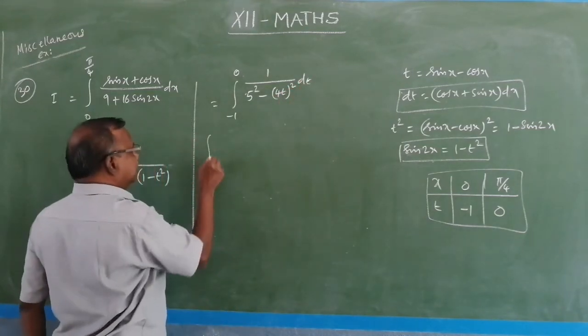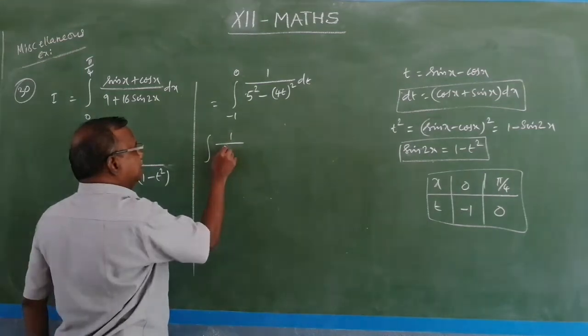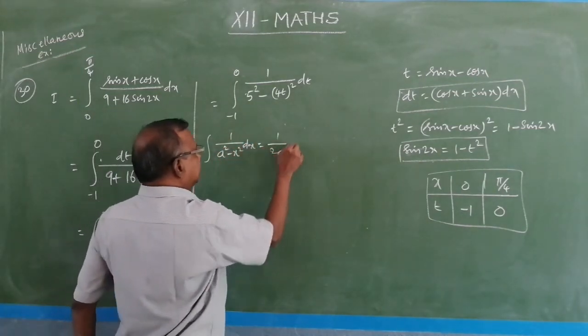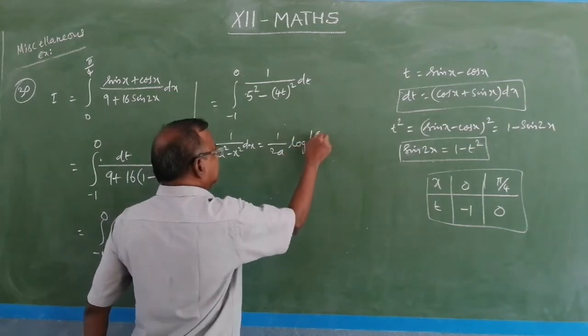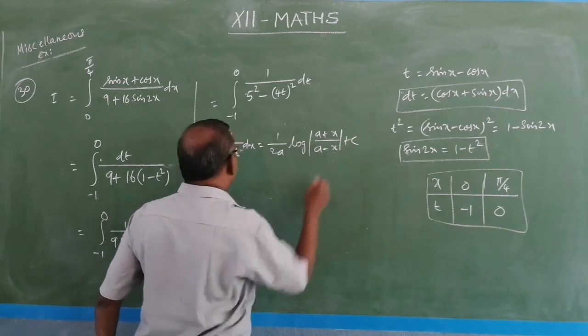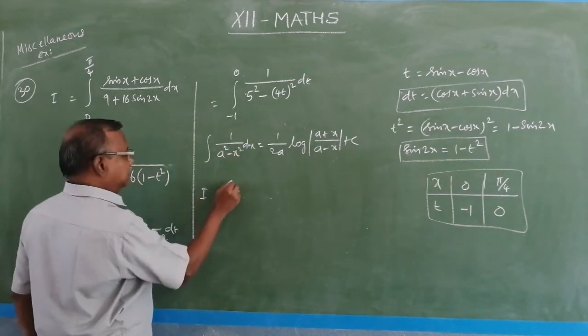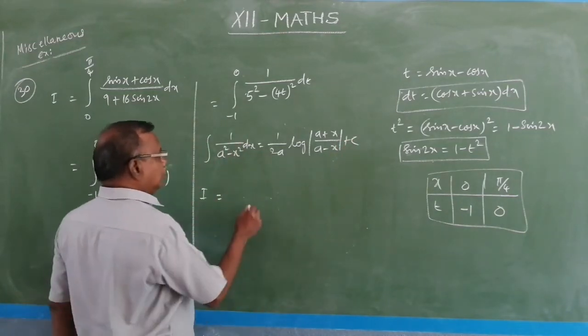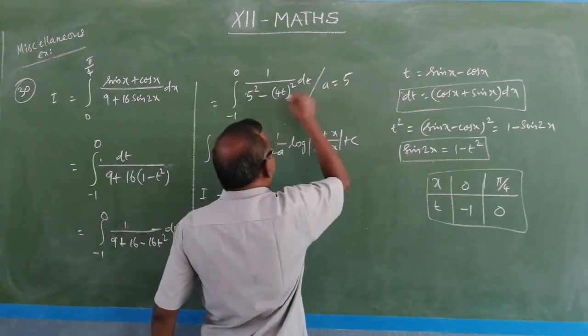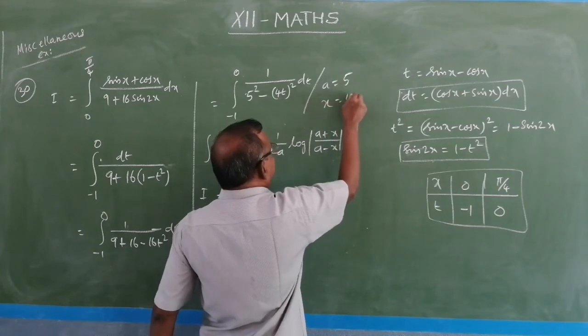We know that integral 1 by a square minus x square into dx equal to 1 by 2a into log of modulus of (a plus x) divided by (a minus x) plus c. So I equal to, we have 1 by 2a, here a equal to 5 and x equal to 4t.